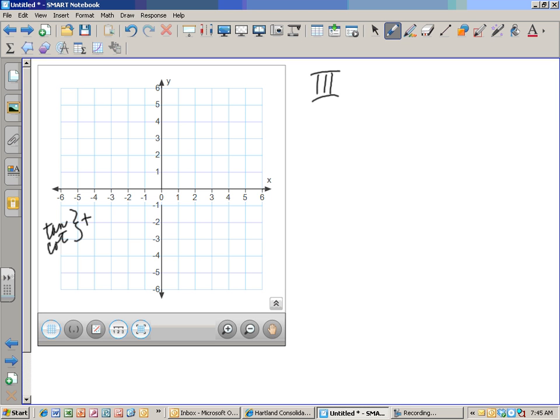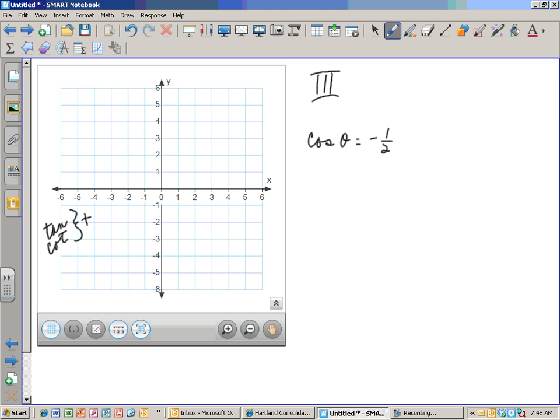Then they give you the information that cosine of theta is -1/2. I know it's negative. What is cosine, Ryan? Adjacent over... Yeah, but go in terms of y over r. x over r. Over r. Yeah.